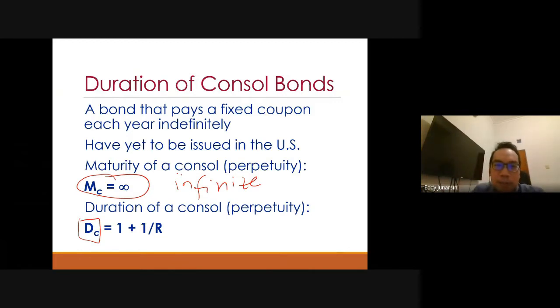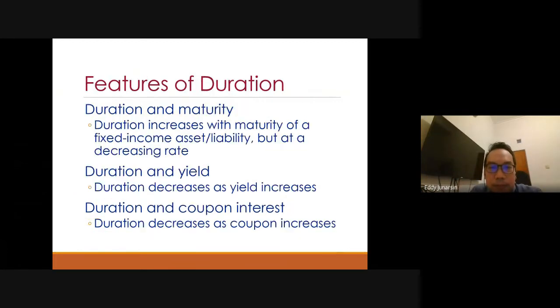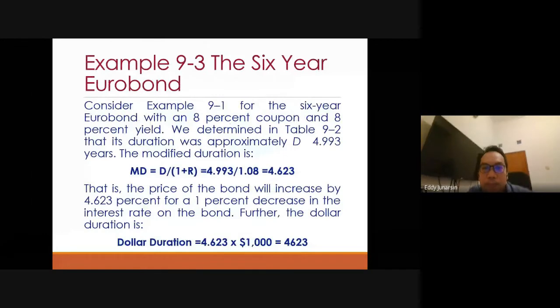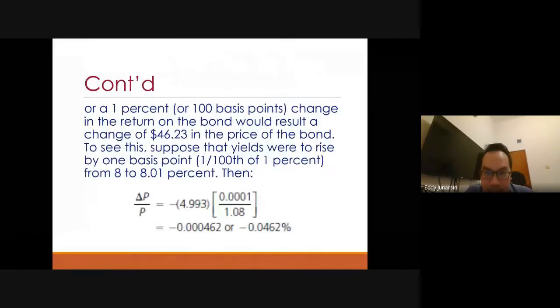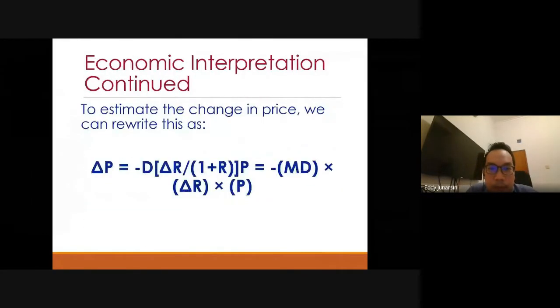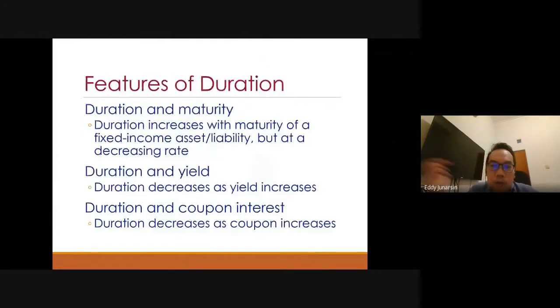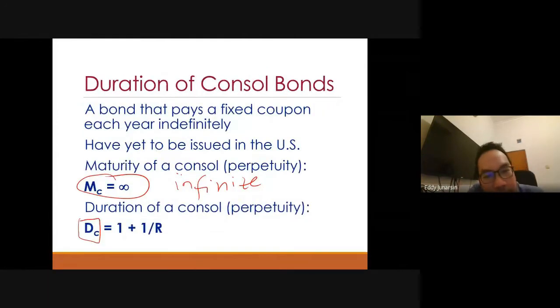So we'll see an example here. Oh, no example here, but you could imagine the situation if, let's say, the market rate for this kind of bond has been 10%.